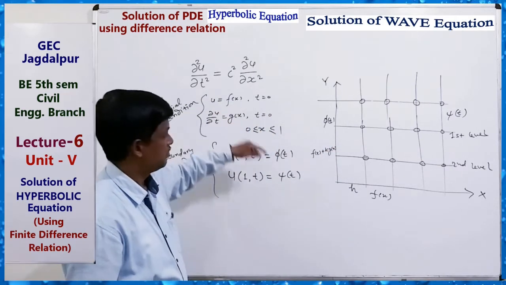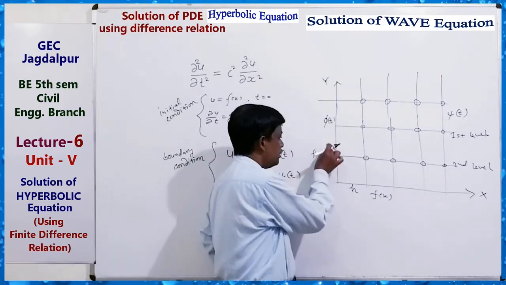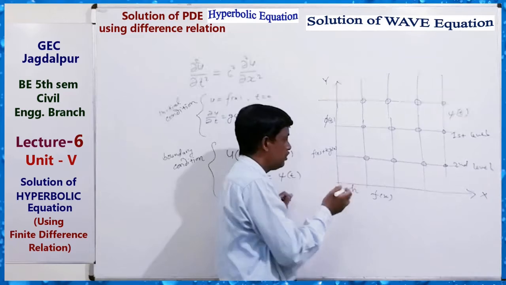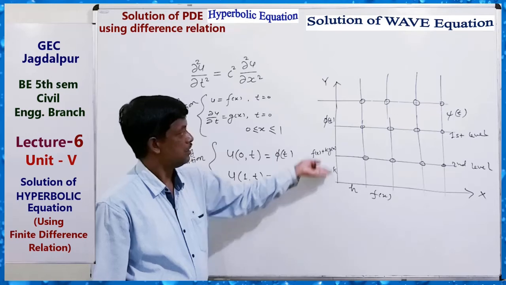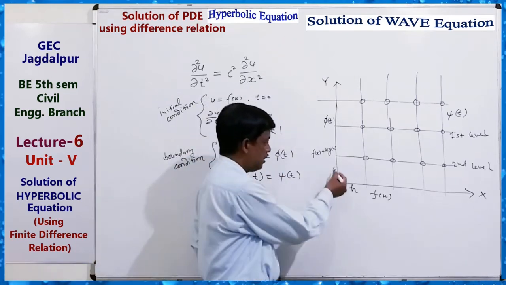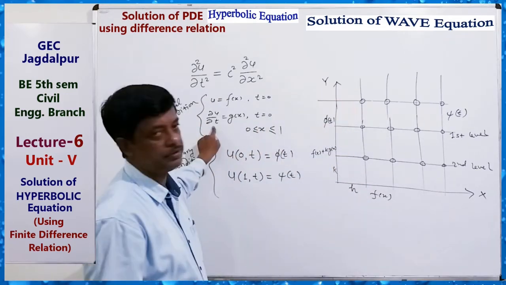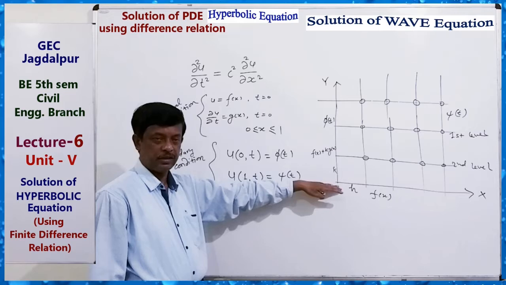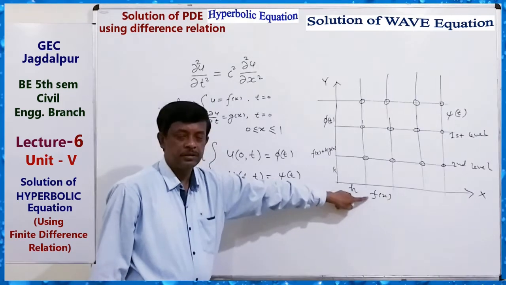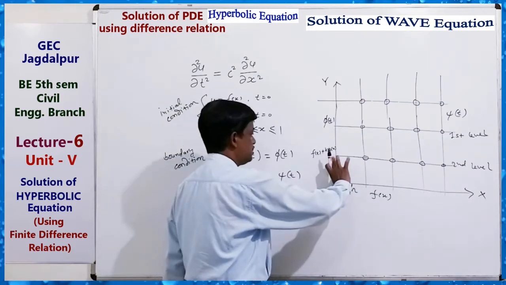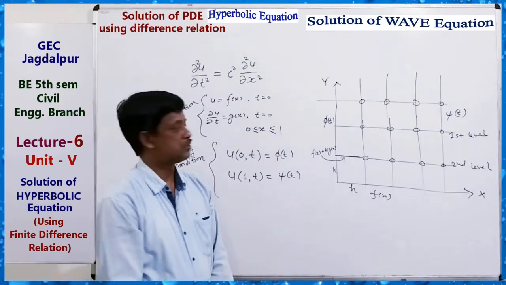So we take k spacing in the y axis direction, this is k, this is h. The initial value of u plus k times g(x) gives this level. Clear? So these are the mesh points.